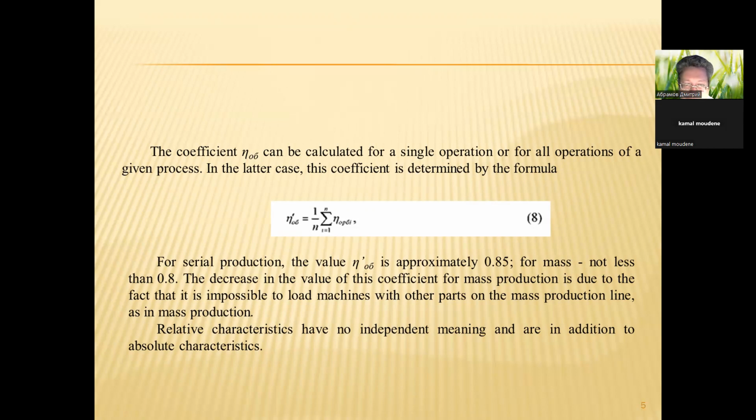For serial production, the value nu is approximately 0.85. For mass production, not less than 0.8.